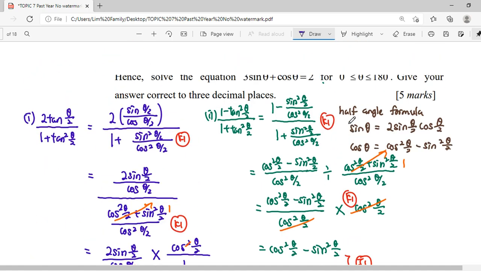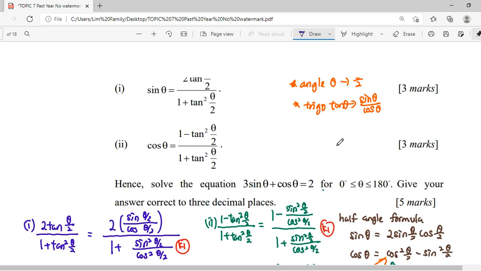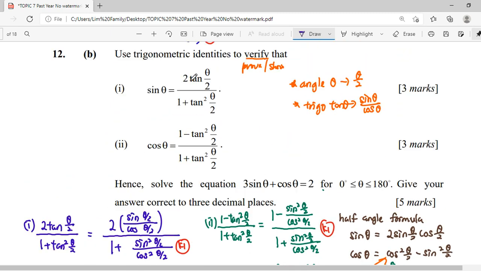So as we know, our sine theta can be substituted as 2 tangent half angle over 1 plus tangent square half angle. Then we substitute also for this cos.